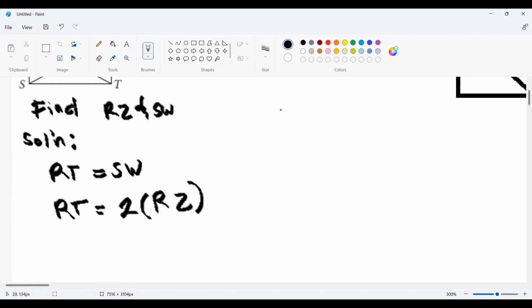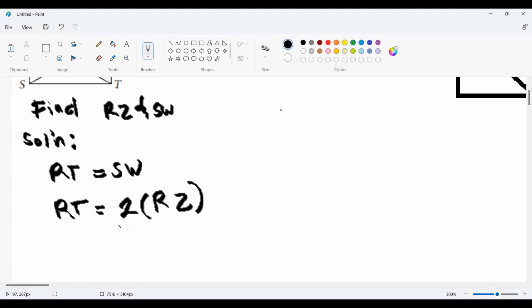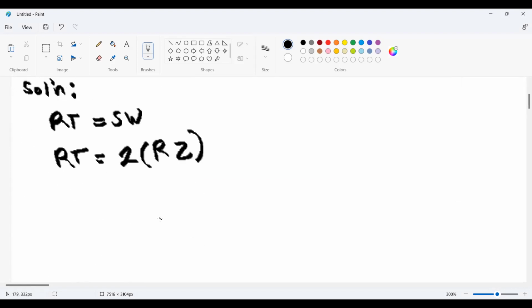RT is RZ, then another ZT, equal to RZ. So we can say that RT is equal to 2RZ. Now in that case, we can rewrite the first equation as 2RZ equal to SW.